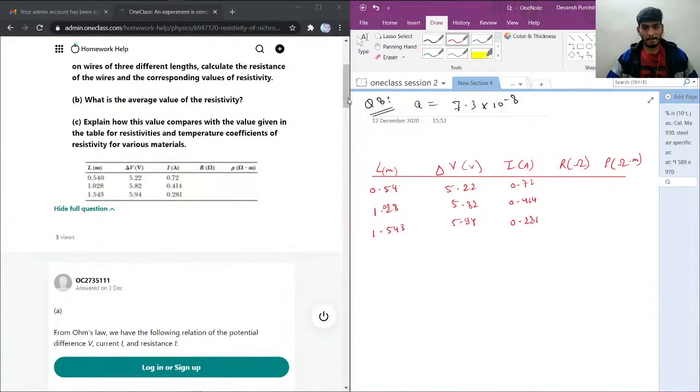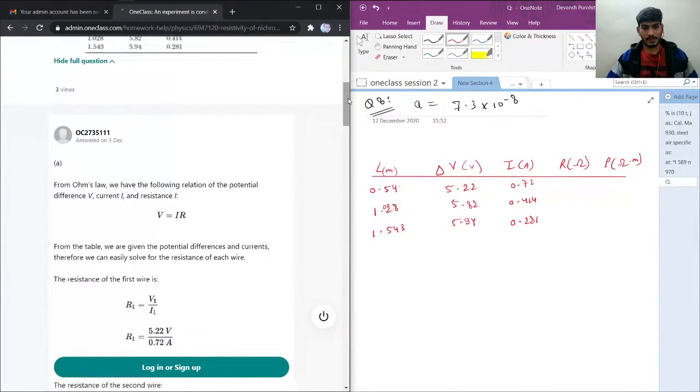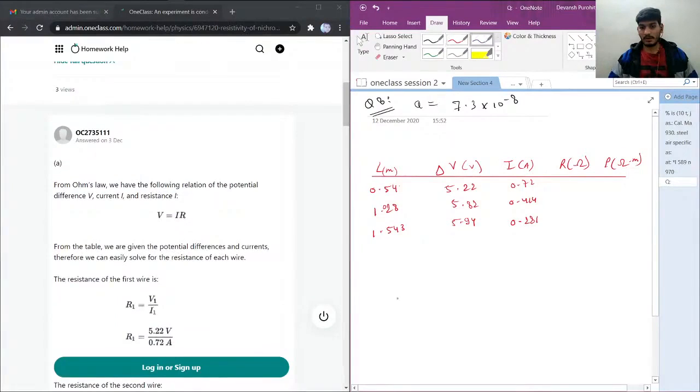Now the relation between resistance, voltage and current is basically V is equal to I times R, or voltage is equal to current times resistance.